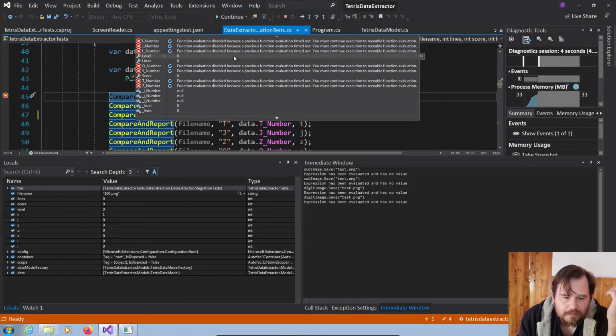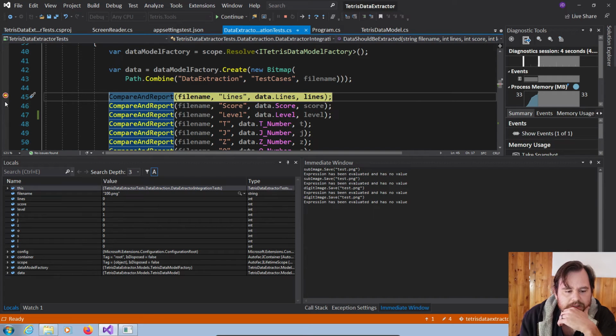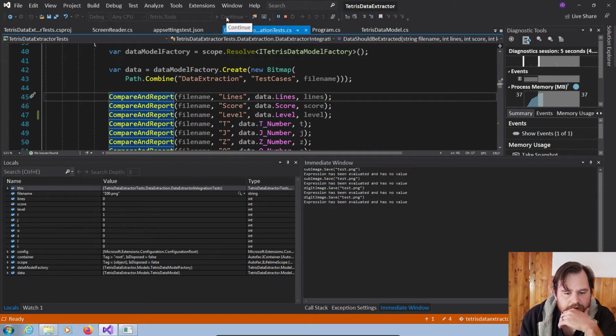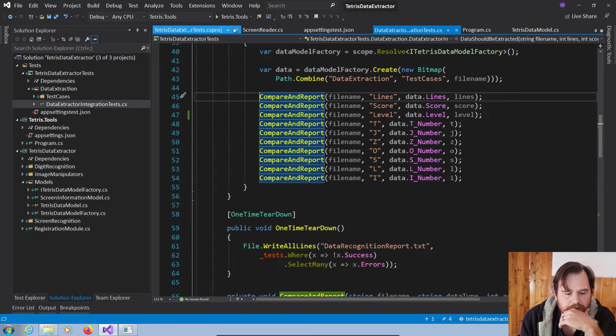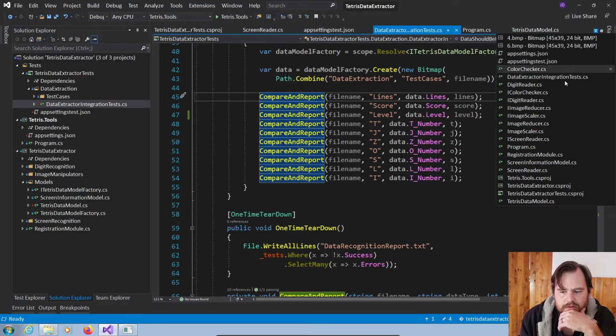Level's actually supposed to be 1. I don't understand. Score is 0, lines is 0, level is 0. I'm so confused right now.